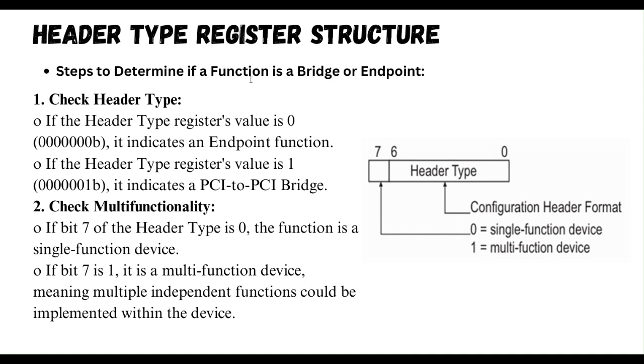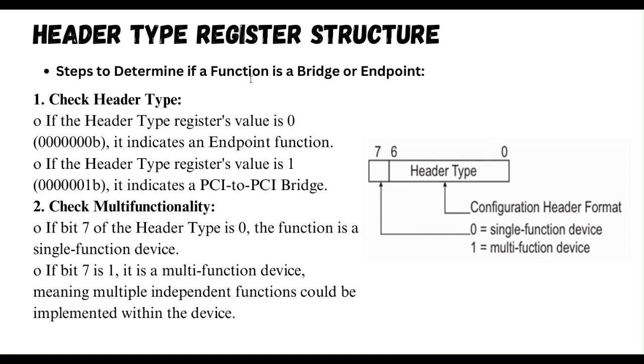Here is how it works. The lower 7 bits of the header type register identify the function type. Here 0 indicates an endpoint, 1 indicates a PCI-to-PCI bridge, and 2 is for a legacy device which is not used much today.